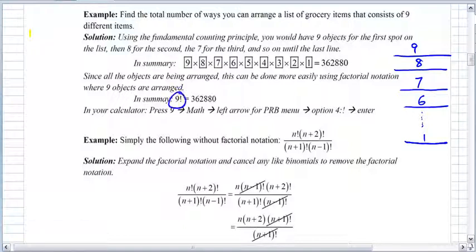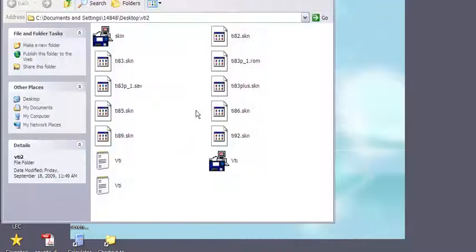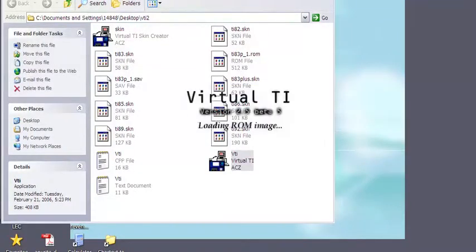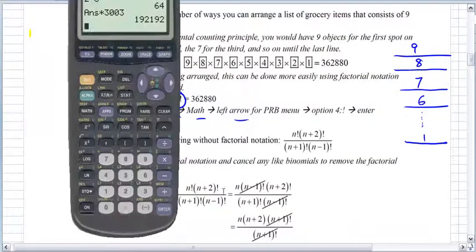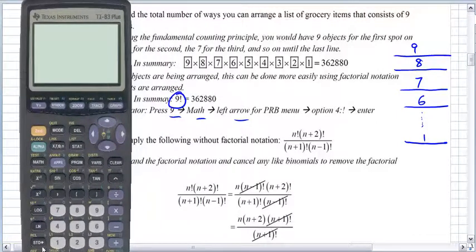So the fundamental counting principle would say 9 times 8 times 7 times 6, 5, 4, 3, 2, 1. But what that actually is, is factorial notation. That's 9 factorial. You can enter that into your calculator by pressing Math, left arrow, and then option 4 for the PRB menu.